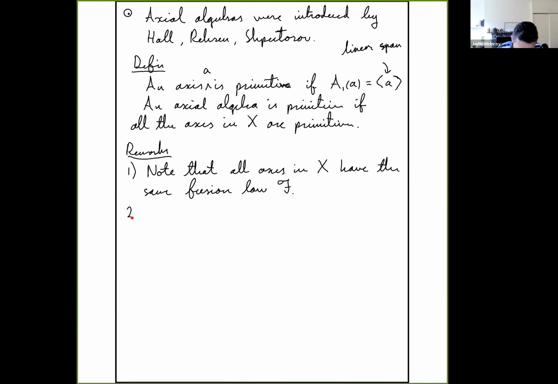Okay, the second thing I wanted to say here is that just because we have two different axes, it doesn't mean that they necessarily look exactly the same. So what I mean by that is if I've got two axes, we can have that A_lambda and B_lambda, i.e. the lambda eigenspaces for A and B, have different dimensions.